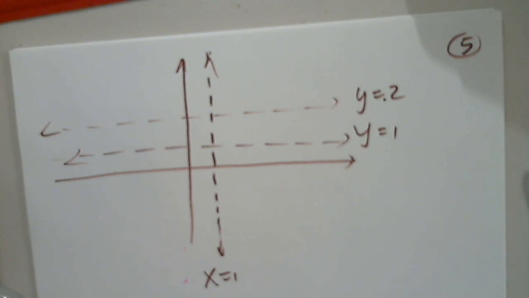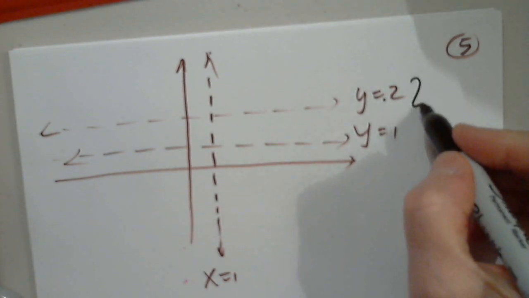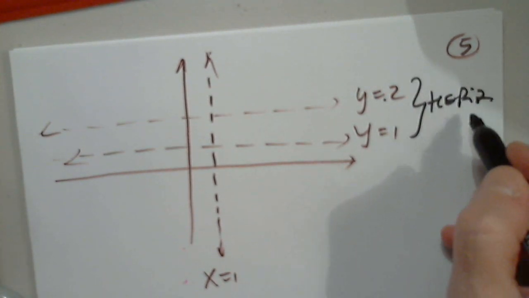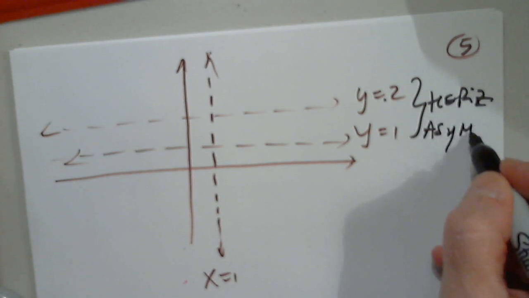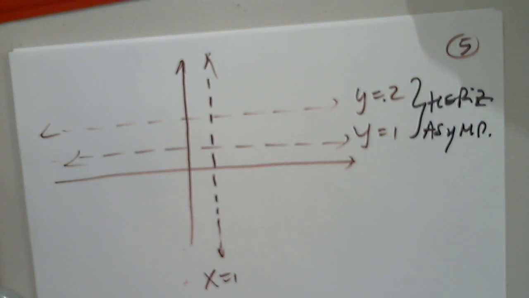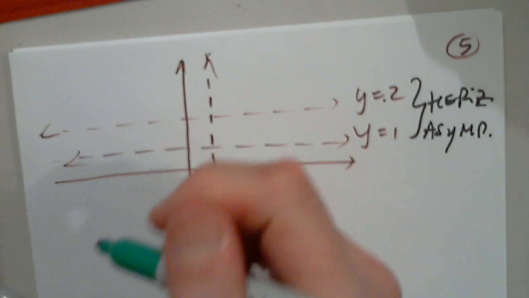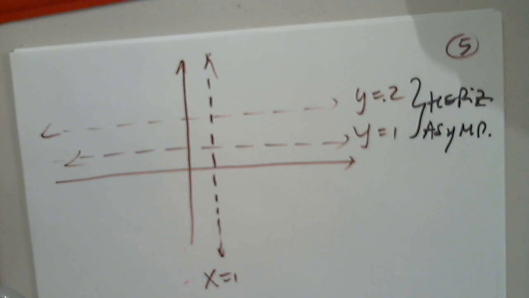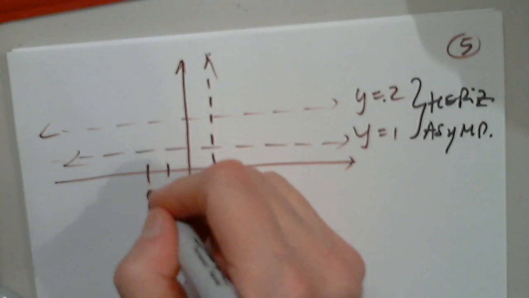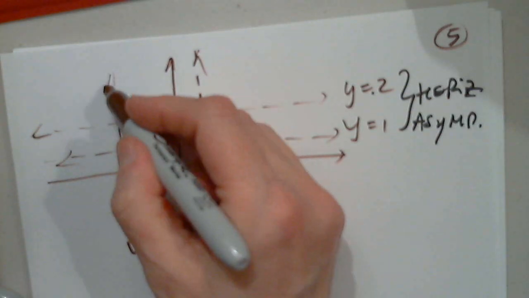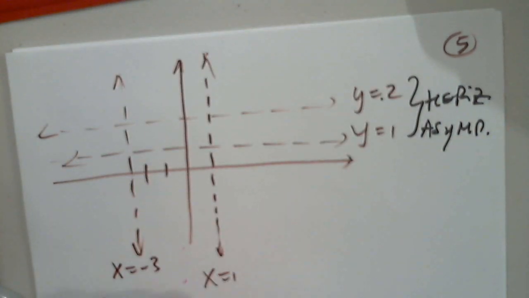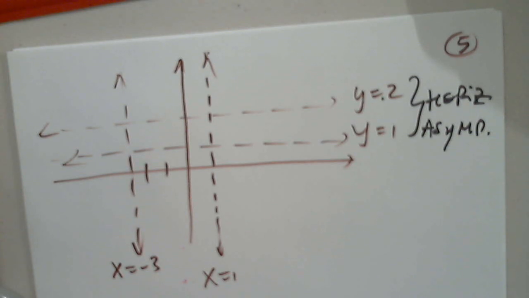So these two are horizontal asymptotes. And here comes the function. And I think it also has x equals -3 as a vertical asymptote. So here's the graph.